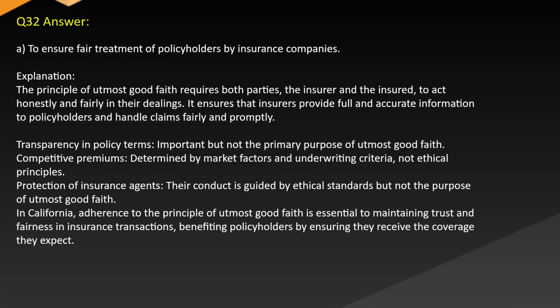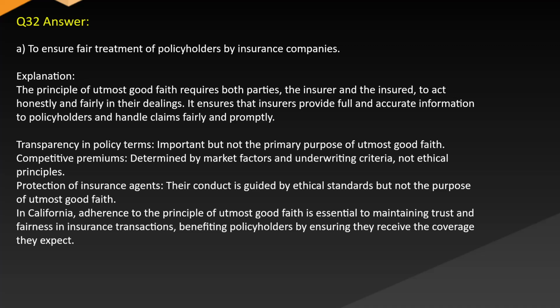Answer: A. To ensure fair treatment of policyholders by insurance companies. Explanation: the principle of utmost good faith requires both parties, the insurer and the insured, to act honestly and fairly in their dealings. It ensures that insurers provide full and accurate information to policyholders and handle claims fairly and promptly. Transparency in policy terms, important but not the primary purpose of utmost good faith.